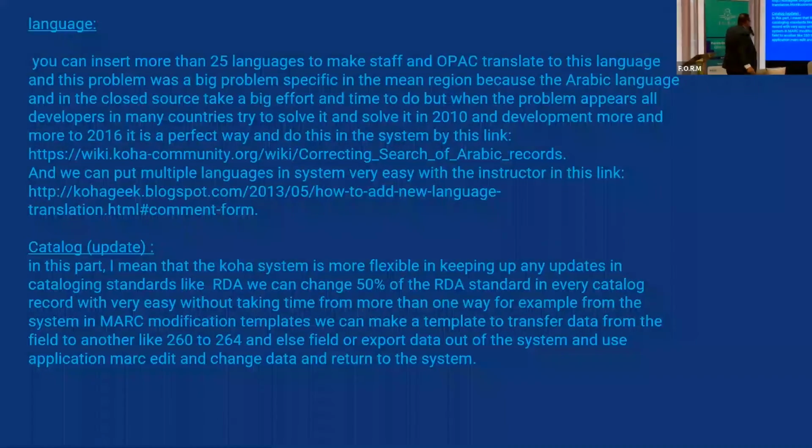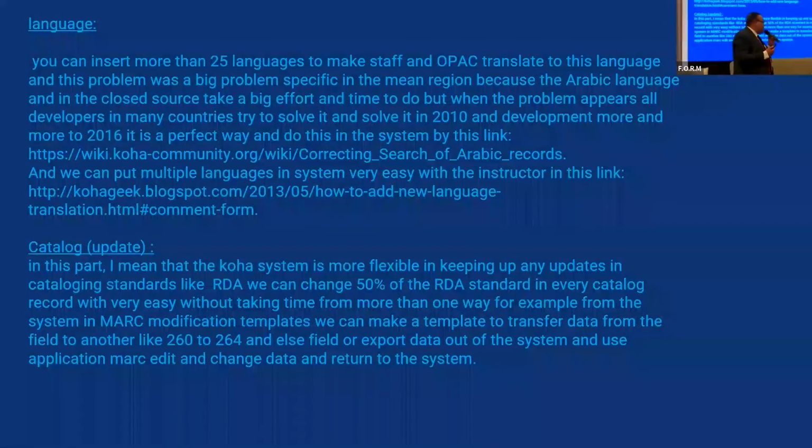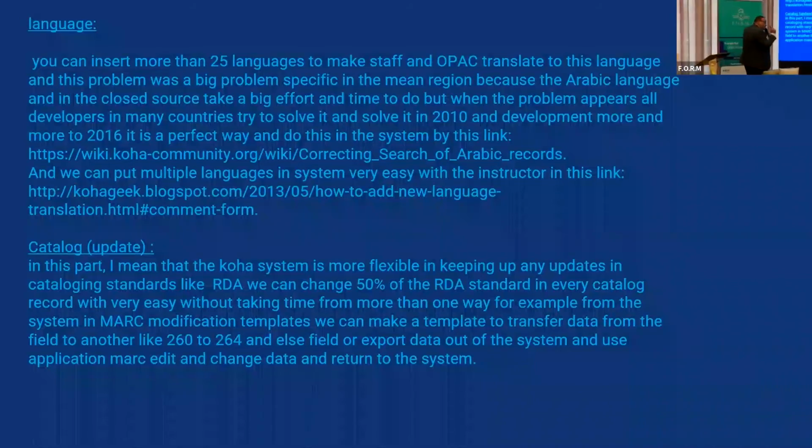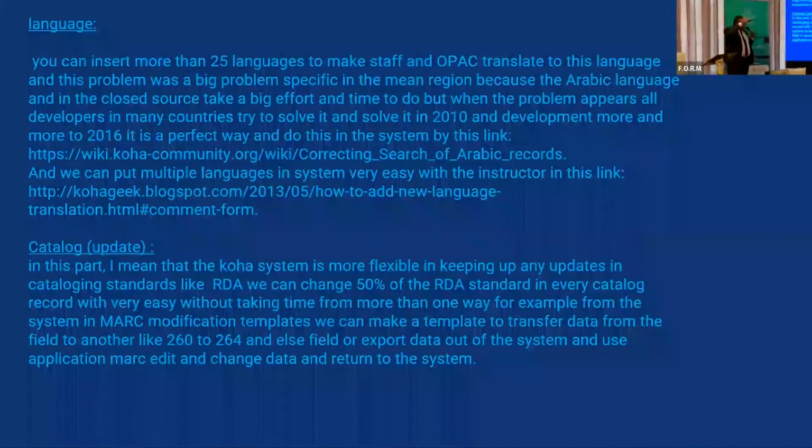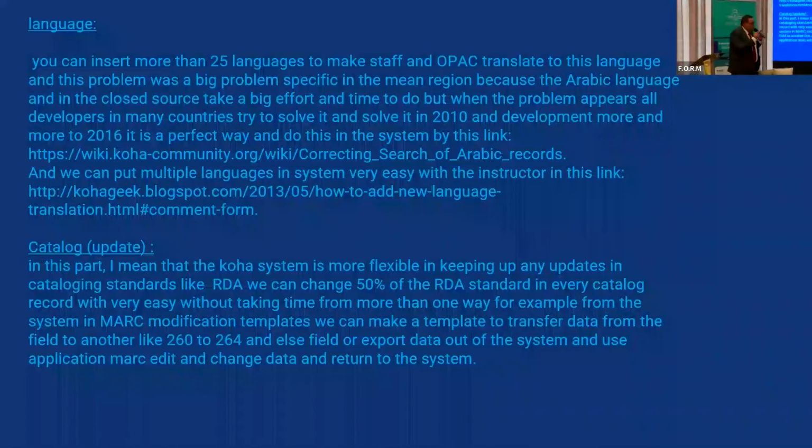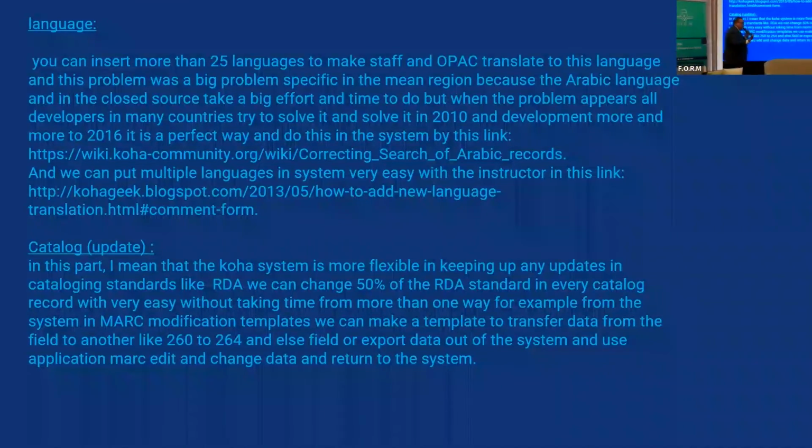Second is cataloging. Everyone here knows that we have a new standard called RDA. When we change from MARC to RDA in a closed system, when I speak about Nasig, it takes 10 days to change all the records, 50% of this standard, not all of the standard, 10 days.